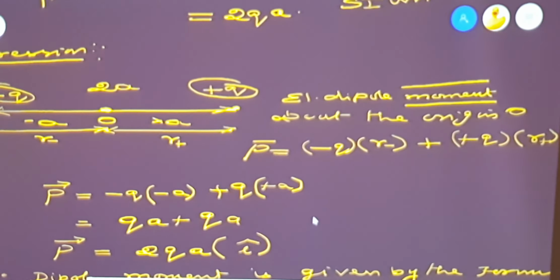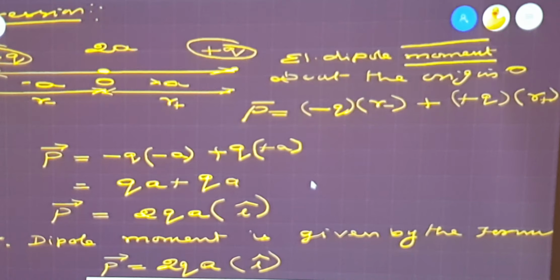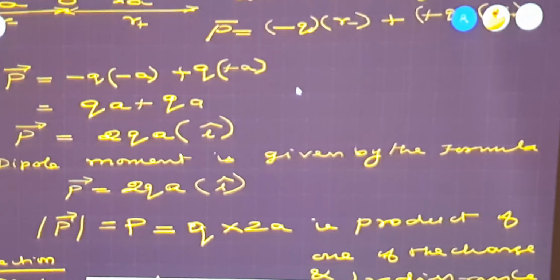So P is equal to 2QA. Since it is a vector quantity acting along the positive x-axis, it is written with i cap. So the dipole moment is given by P vector is equal to Q into 2A i cap.